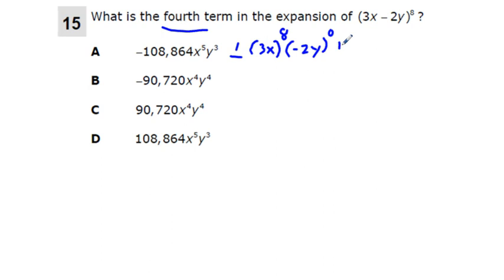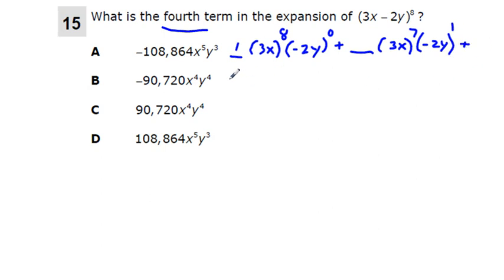And that's our first term. Our second term is going to be some coefficient times 3x to the 7th power times negative 2y to the first power. And that's our second term.